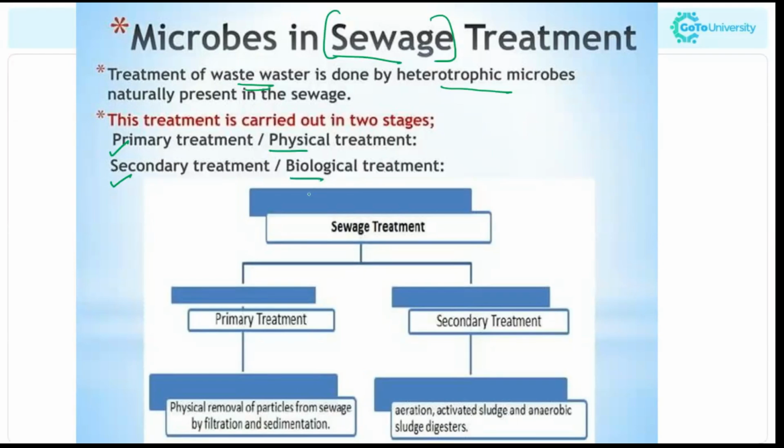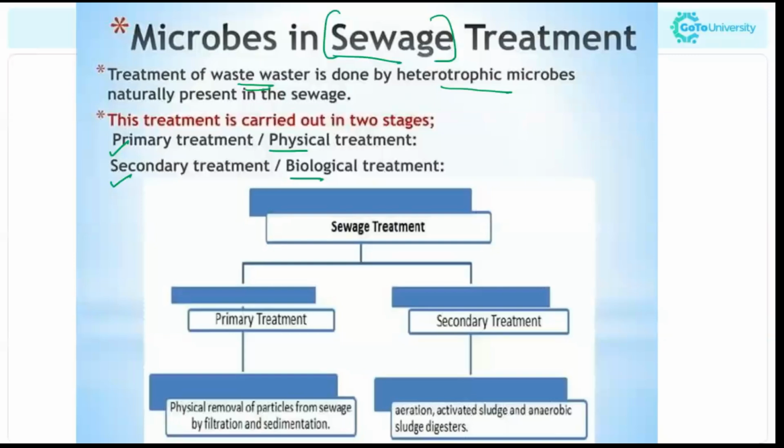Even in your home, if you have some kind of wastewater or an area with waste materials, physical treatment will be done first. We take off the larger particles which you can separate from the dust. If it is a watery body, you remove the physical or mechanical things which are visible to your eyes.